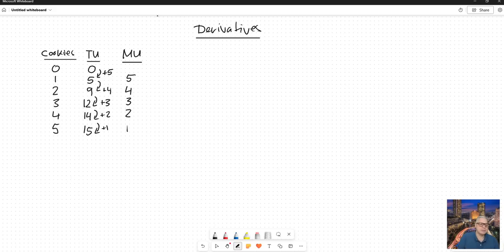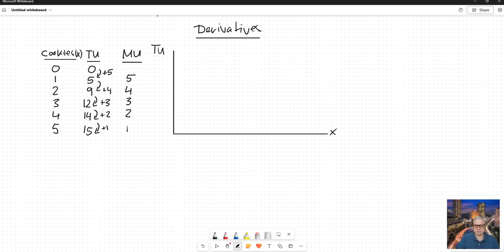Okay, so now what does that mean? Let's draw the total utility function. So if we draw it, we put the cookies, let's say cookies is x. So we put cookies x on the x-axis and the total utility on the y-axis. So we represent the total utility as a function of x.